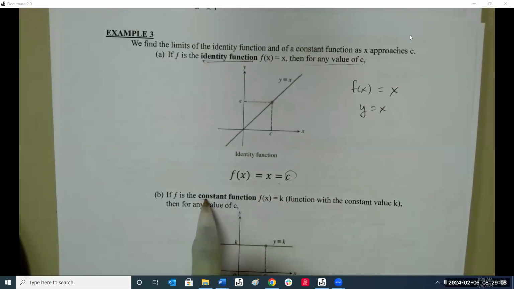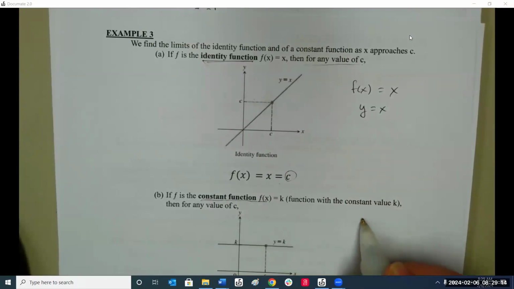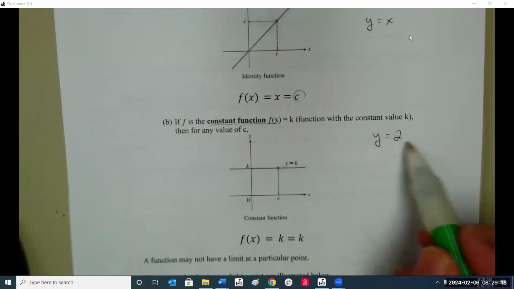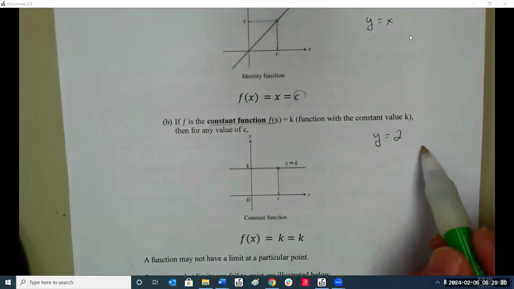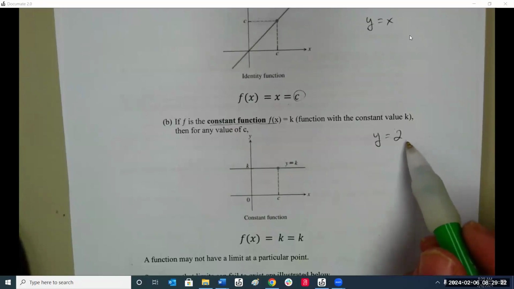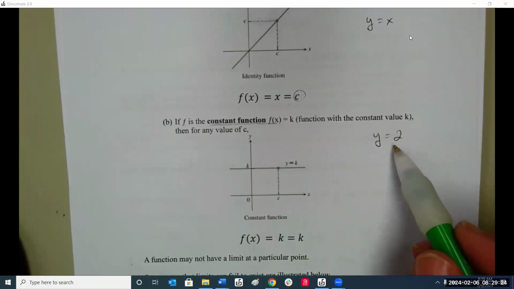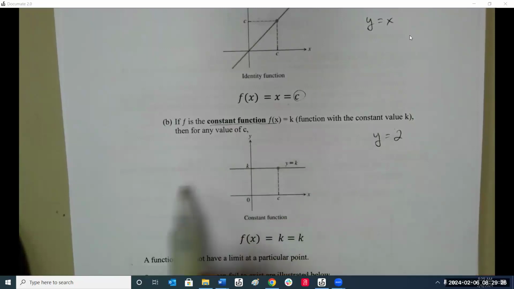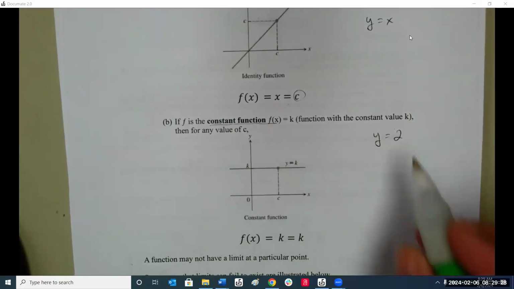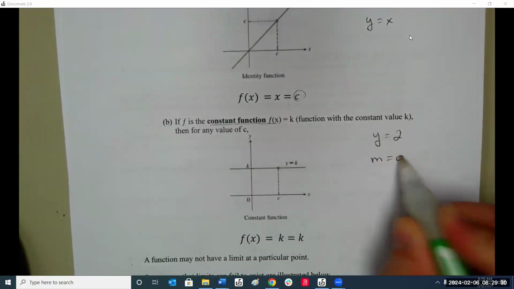The next one is the constant function. What is a constant function? Give me an example. Y equals, let's say 2. There are no x's. Since there are no x's, we cannot have an x-intercept. And if we can't have any x-intercepts, then these are horizontal lines. The slopes are 0.